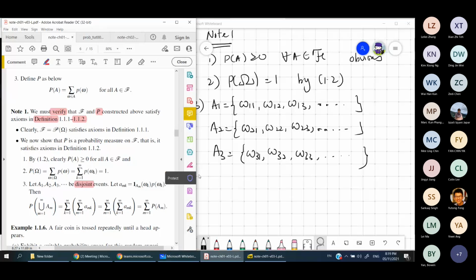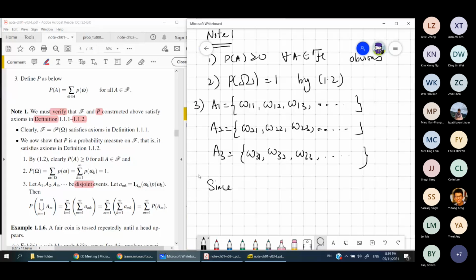Now all of these are disjoint, because all the A_k are disjoint. So what's the meaning of disjoint? Disjoint means A_i intersect A_k must be the empty set whenever i is not equal to k.